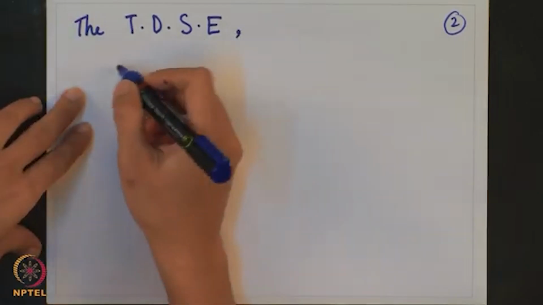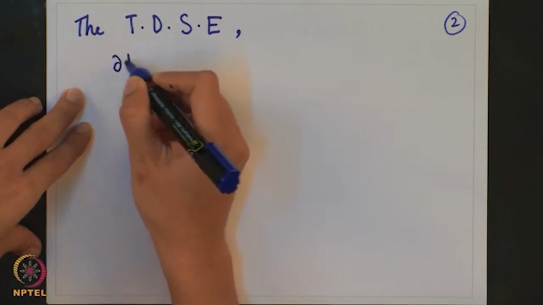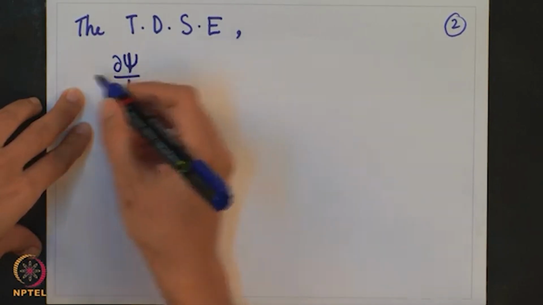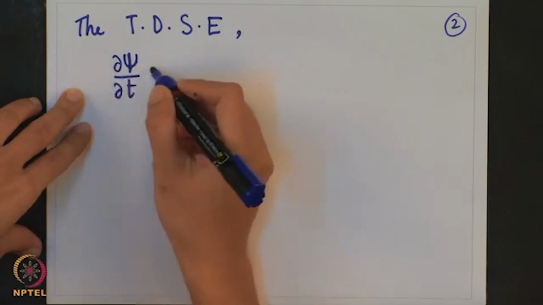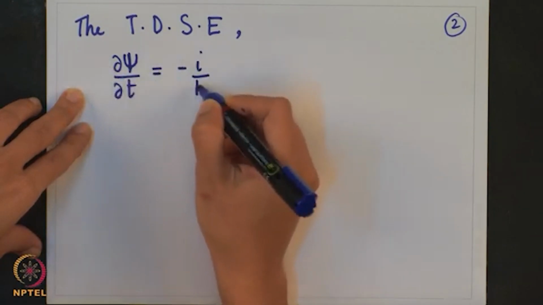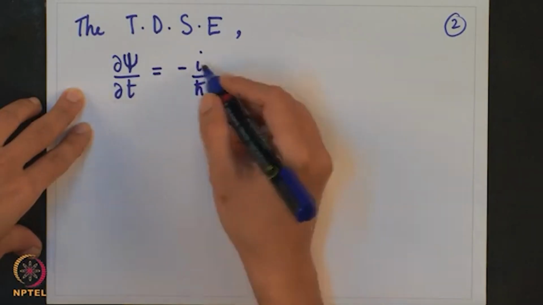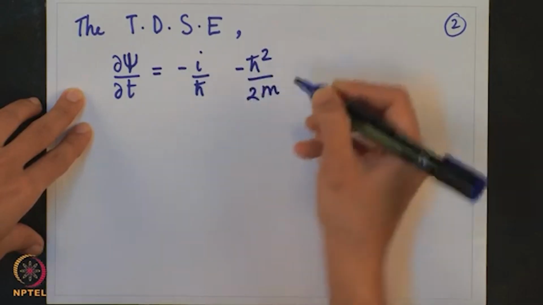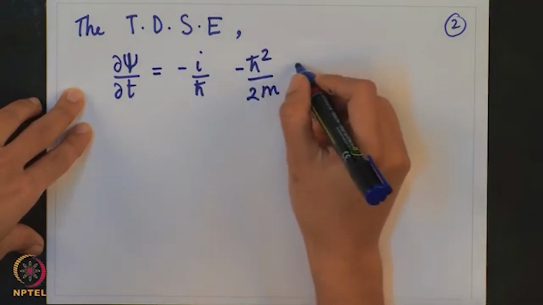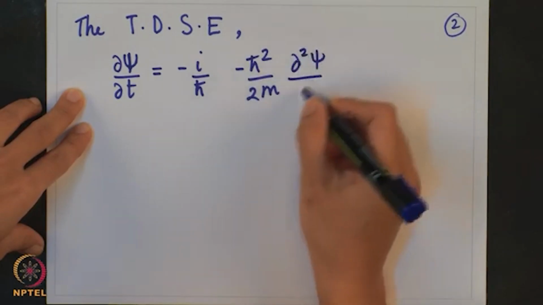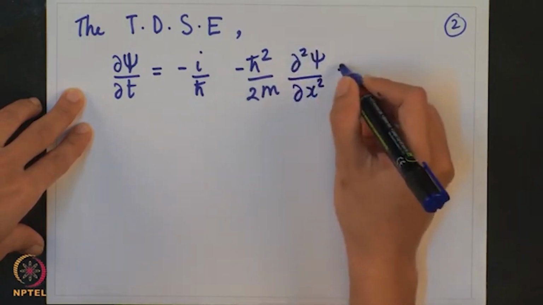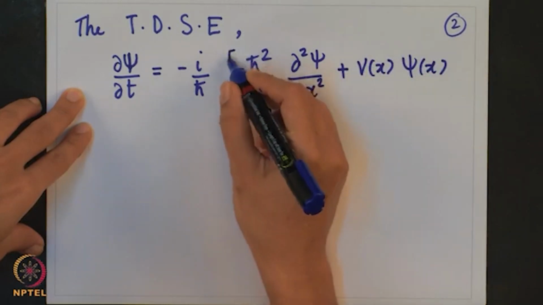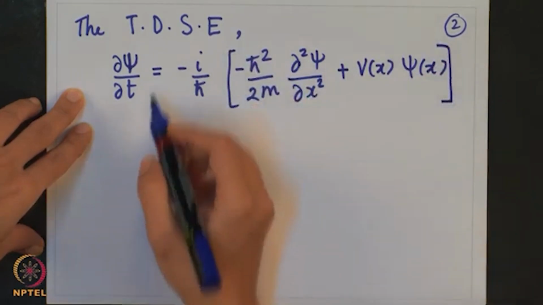The time dependent Schrodinger equation will be: the energy operator acting on psi, which is i h cross dou psi by dou t, equal to minus h cross square by 2m dou square psi by dou x square plus V of x psi of x. So this is my time dependent Schrodinger equation.